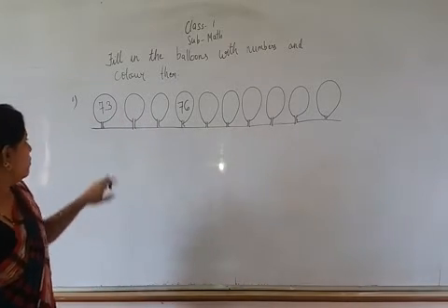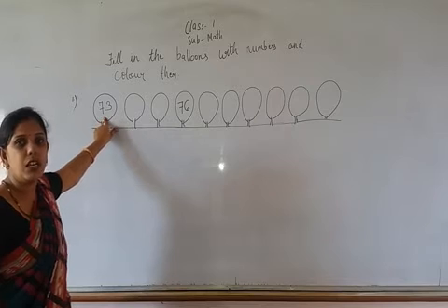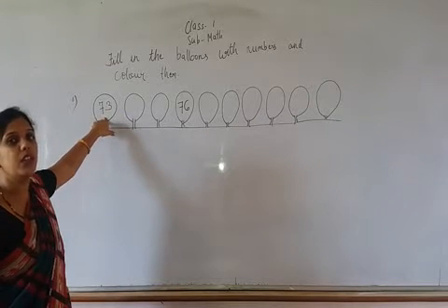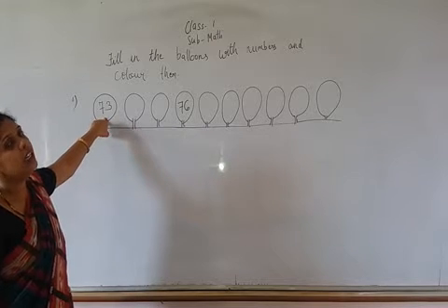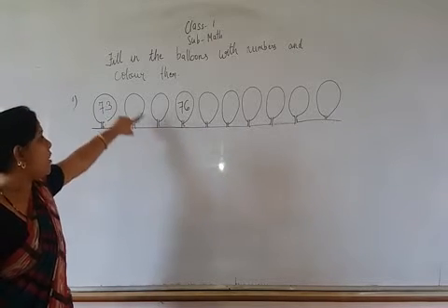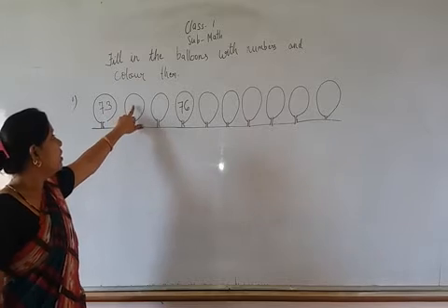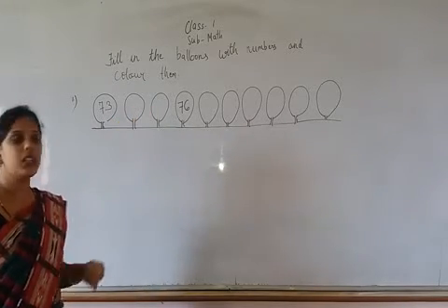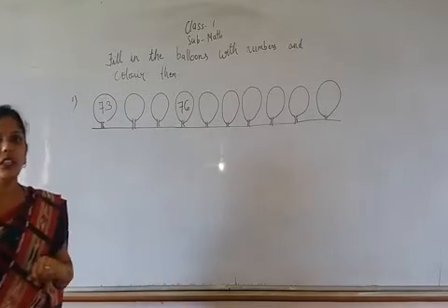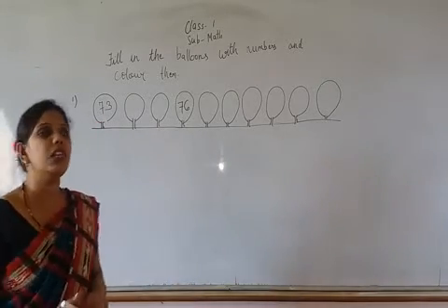So what is the number given here? 73. So which number will come after? The after balloon is empty. Okay, so we have to write the after number. So 73. Which number will come after 73? 74.